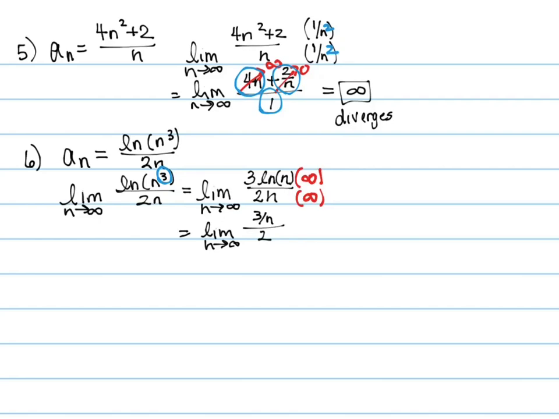What happens now in the numerator if I put in infinity? 3 over infinity. What is that? That's 0. So this piece goes to 0. The denominator is 2. So what is the whole thing going to give me for the limit? It's 0. And this converges then.